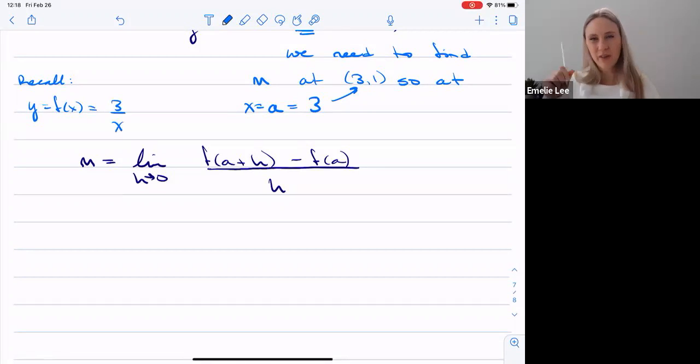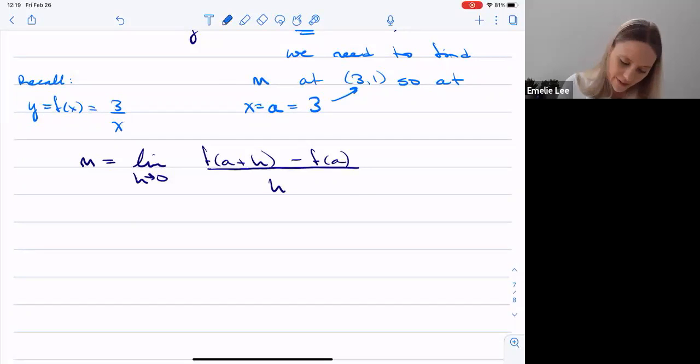Making sure that you have that connection in your mind that when I see y, it's f of x, because y is a function of x. But also when you see f of x, you can just simplify it in your mind as y. So depending on the situation, you can move back and forth there. But because we need a function here, may as well write it as a function.